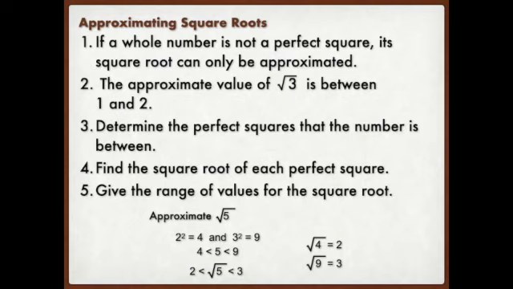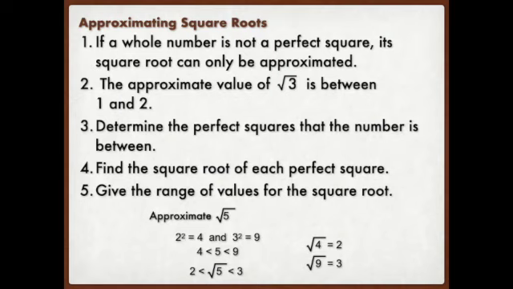What's a perfect square below 10? We know it's 9. The square root of 9 is 3, so that would be on the left. So the square root of 9, which is 3, would be less than the square root of 10.